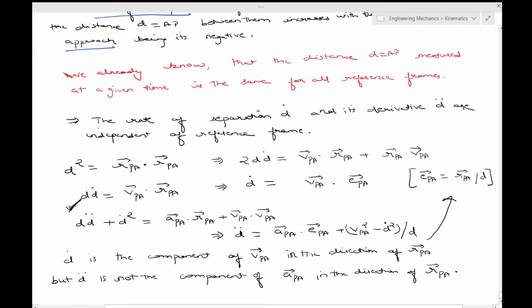So d dot is the component of VPA in the direction of RPA, you can see that using this. And d double dot is not the component of APA, so it was not adding up like that. Had this term not been there, you could have said that d double dot is the component of APA in the direction of RPA, but because of the presence of this term we cannot say the same.